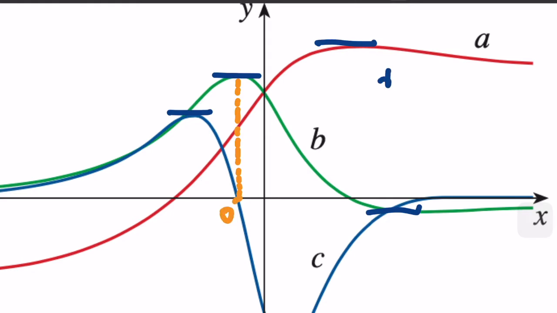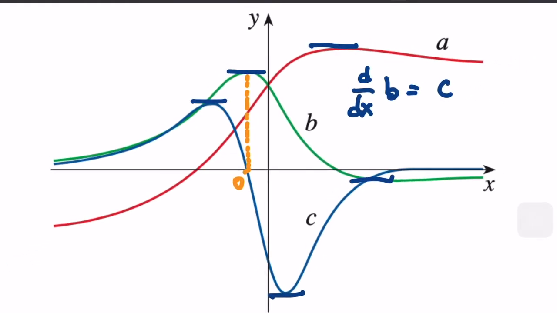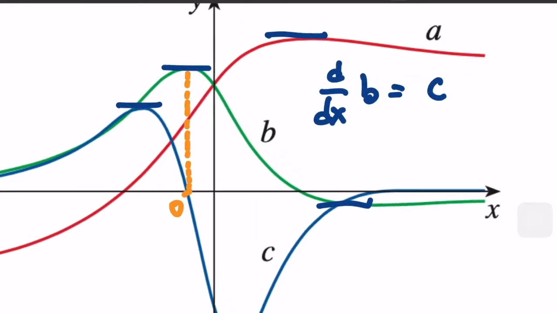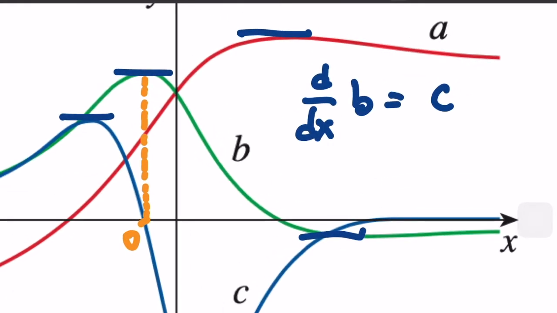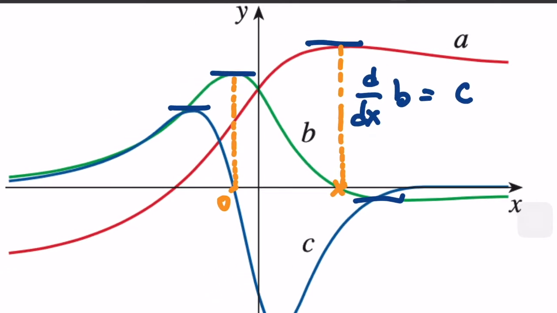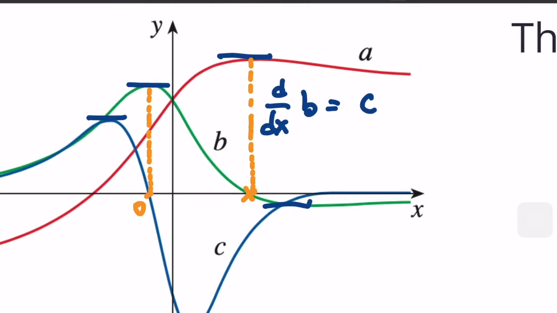So probably d/dx of B is C. So the derivative of B is probably C. But we are still not sure what the relation is between B and C and A. So we are going to look for A. Okay, look for A, and probably if you take this line here, oh, this is getting 0 here, which means maybe this is our original function, and that is actually our answer.